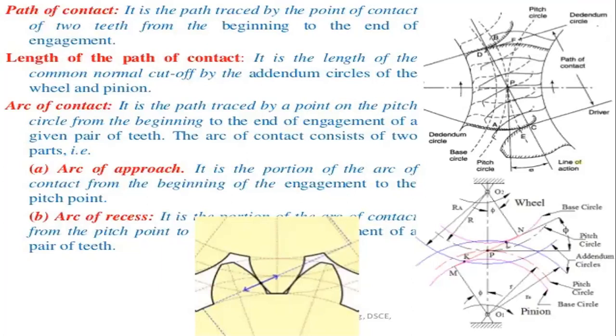The arc of approach is the portion of the arc of contact from the beginning of the engagement to the pitch point. And the arc of recess is the portion of the arc of contact from the pitch point to the end of the engagement of a pair of teeth.